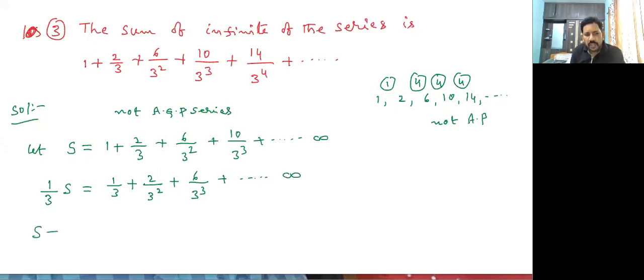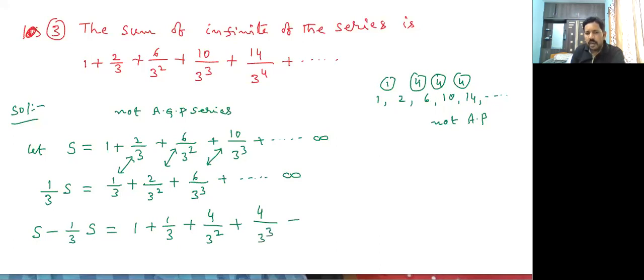Subtract both: S minus 1/3 into S. Then tell me what happened. 1. Observe these two: 2/3 minus 1/3, that is 1/3, plus, observe these two: 6/3^2 minus 2/3^2, that is 4/3^2, plus, observe these two: 10 minus 6, 4/3^3, and so on up to infinite.